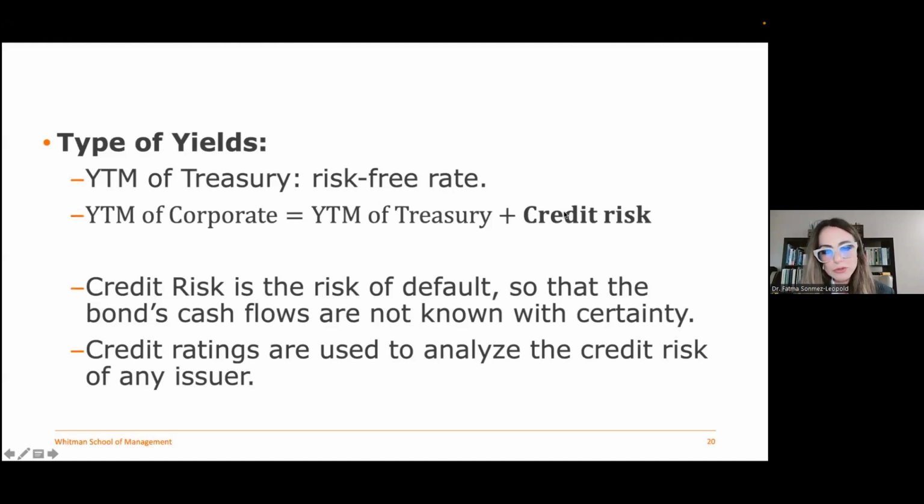I want to earn more because you're risky as a corporation. How much more depends on the risk of the credit, meaning the credit rating. That's why the credit rating comes in handy, because you want to know how risky the corporation is based on their credit rating. So that's credit risk.